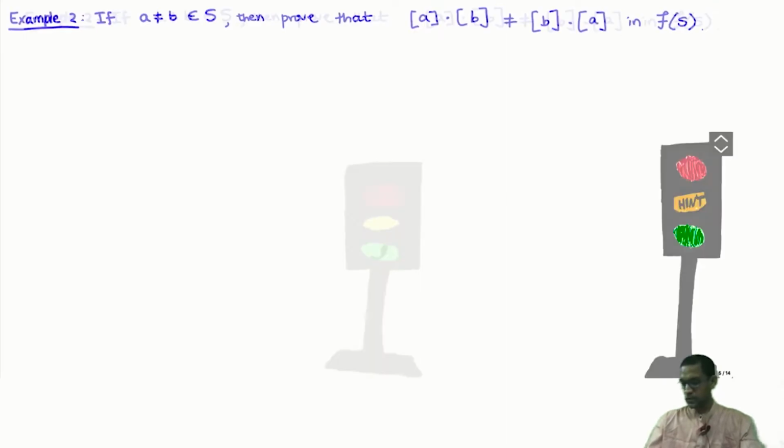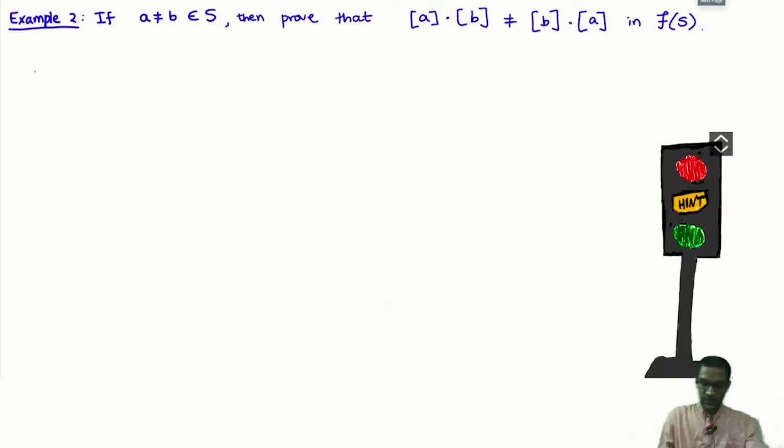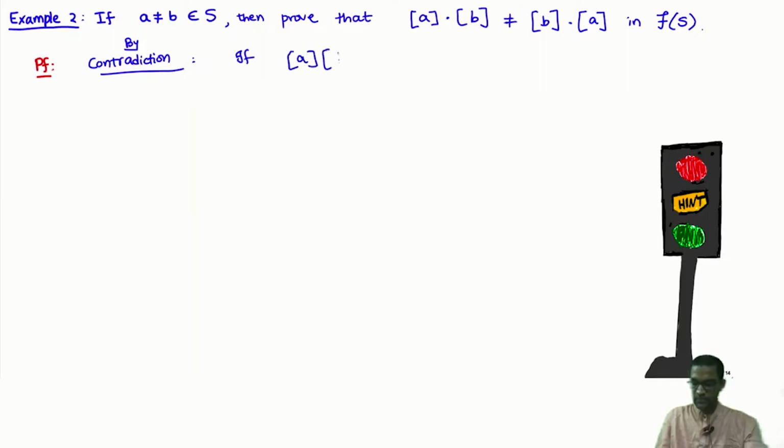Now here's a hint. Let's proceed the way we did earlier, which is to use a contradiction argument. Suppose we assume that AB is the same as BA.